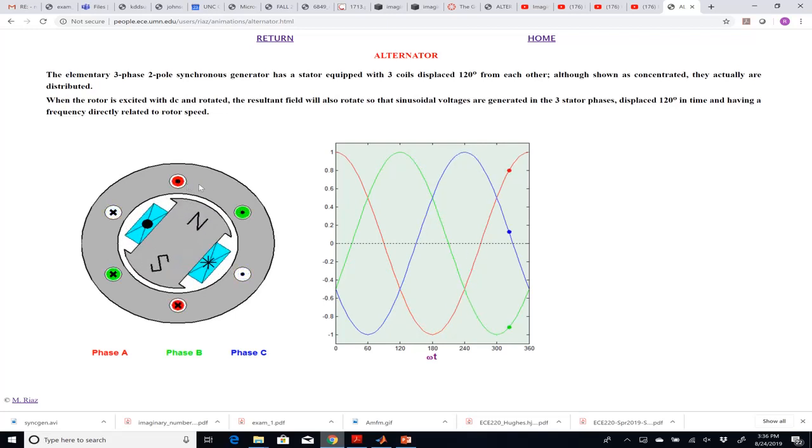As a result, it shifts the voltages from A to B by 120 and from A to C by 240. You'll learn more about that in other places. I just wanted to mention it.